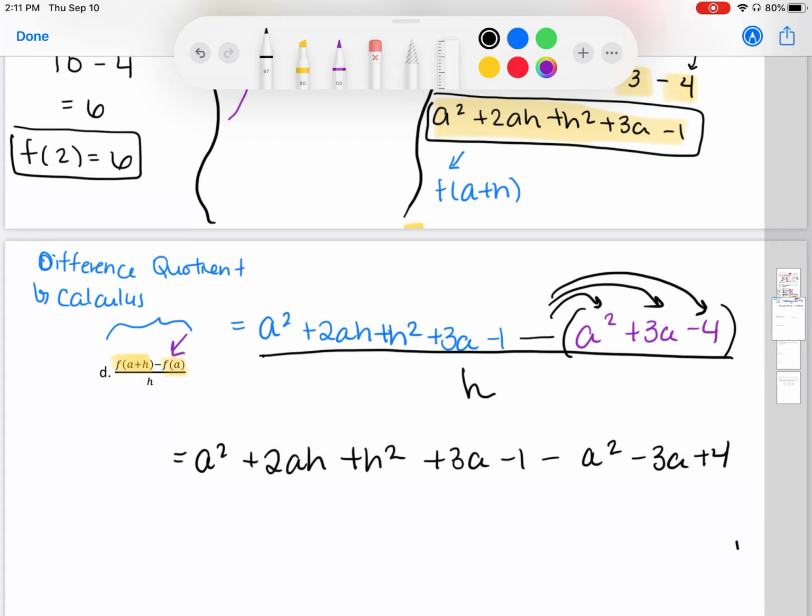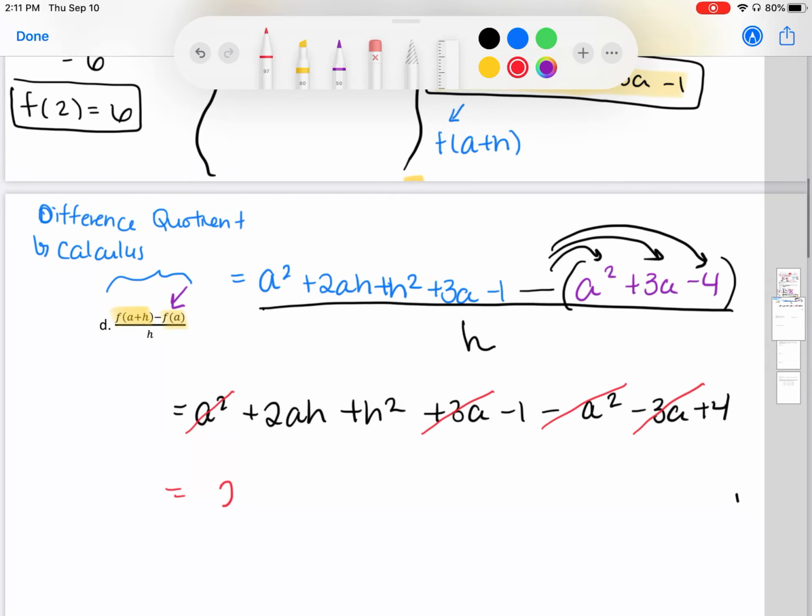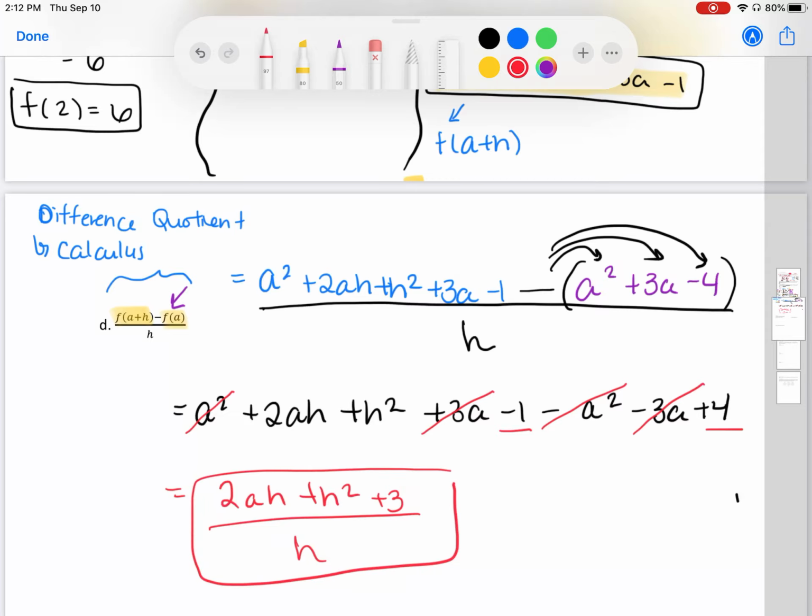Okay, now I see that I have an a squared minus a squared, so that's 0. We have a 3a minus 3a, that's 0. And that's it. So our answer would be 2ah plus h squared, and then I can add these, negative 1 plus 4 plus 3, all over h. And that's the simplest I can write it.